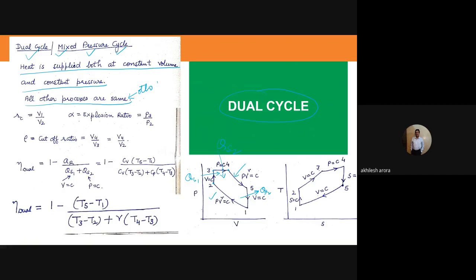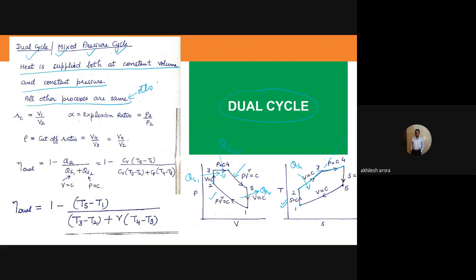And then if you see the TS diagram, process 1 to 2 represents the reversible adiabatic compression, and during this process the entropy remains constant. 2 to 3 is the heat supplied at constant volume, represented as QS1 here, and you can see this is a constant volume line, so its slope is higher in comparison to the slope of constant pressure, which is going like this.